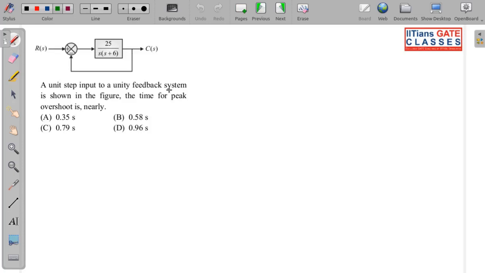So this is the next question. Very quickly solve this. Again I am going to give you 2 minutes.